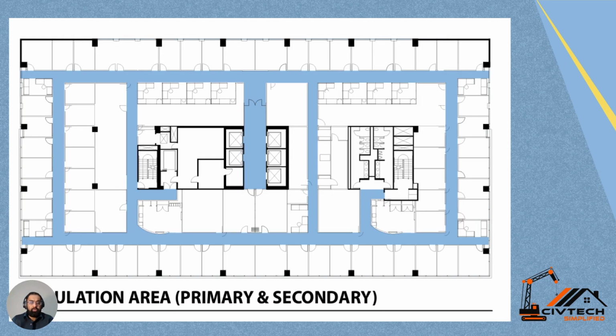I will explain through the picture. This is the general layout of a building at one of the floors, and you can see that these blue corridors refer to the circulation area. The horizontal veranda or the longitudinal corridors come under the primary circulation area.